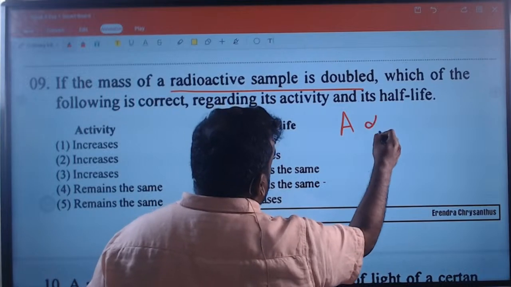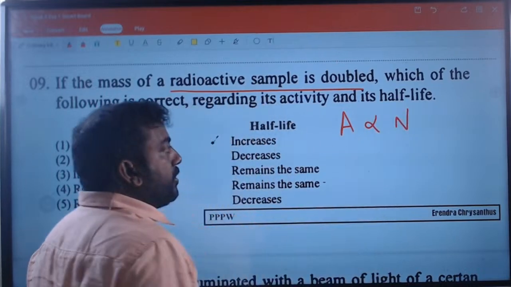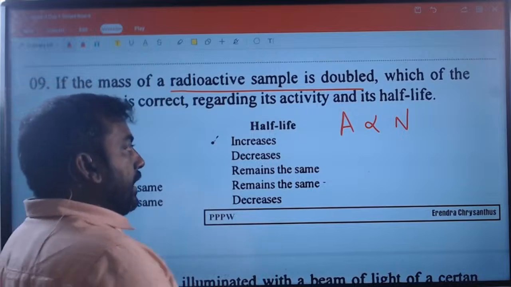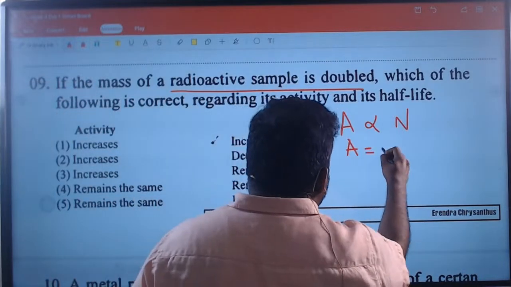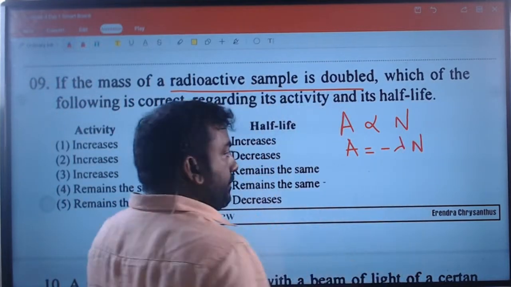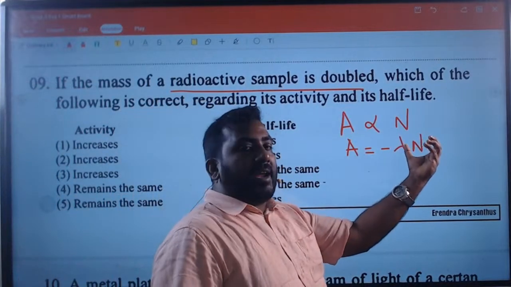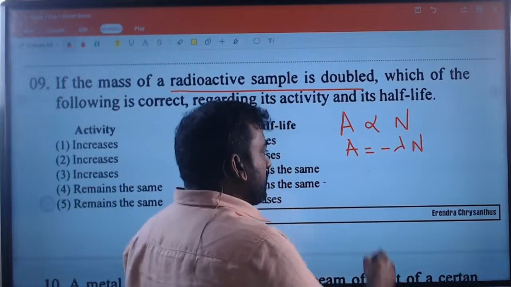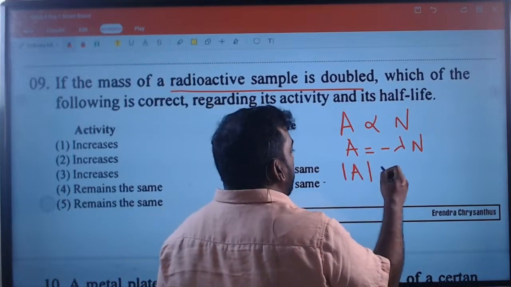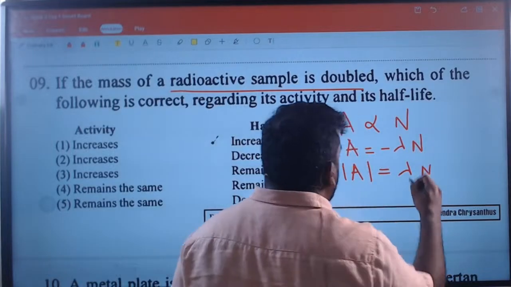Activity is proportional to number of radioactive nuclei. From this we can say A is equal to minus lambda N. Why is the minus sign? With time, number of radioactive nuclei will reduce. So I will just take the magnitude. Magnitude is lambda N. Right.